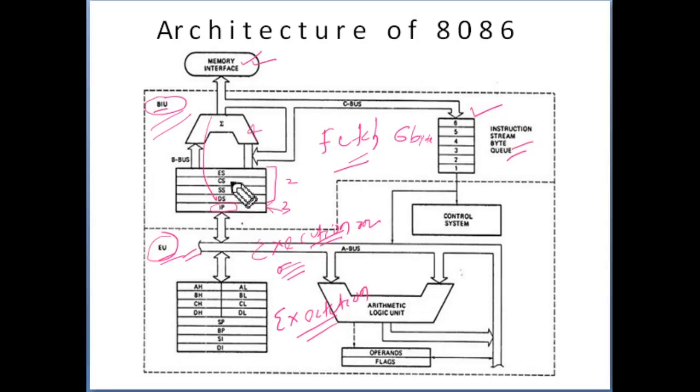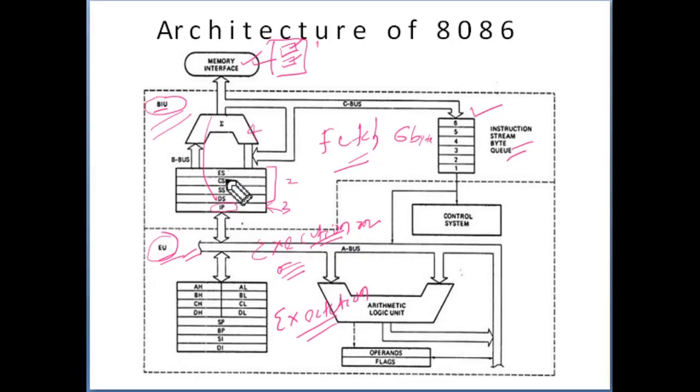The code segment register holds the base address of the code segment that is available in memory. That means inside the memory, while you are writing a program, there are some available chunks of memory. This is the code segment, this is the data segment, like this. It only holds their base address. Remember, these segment registers are 16 bit in size, and they cannot keep the whole data here.